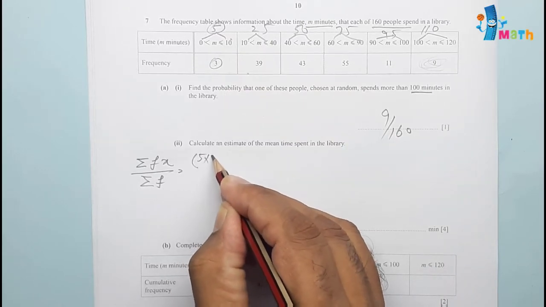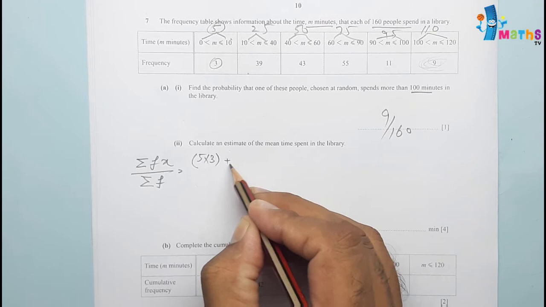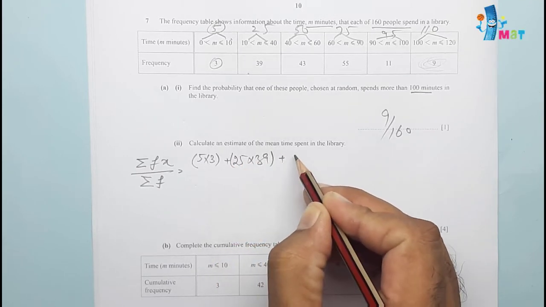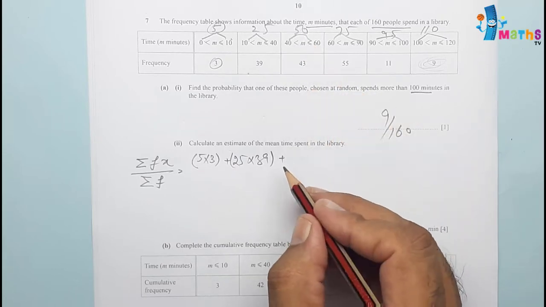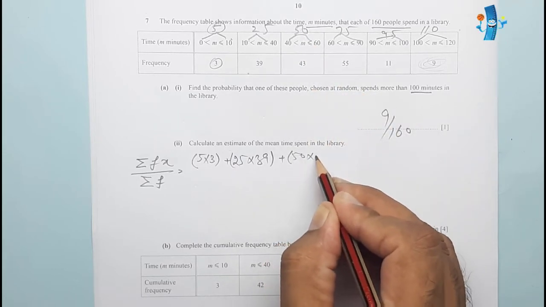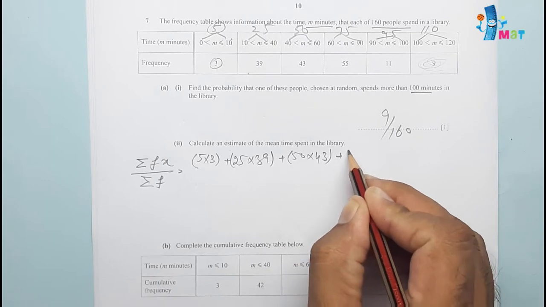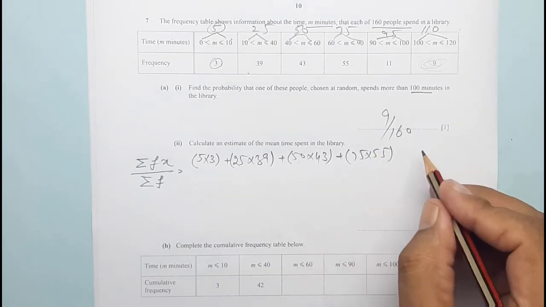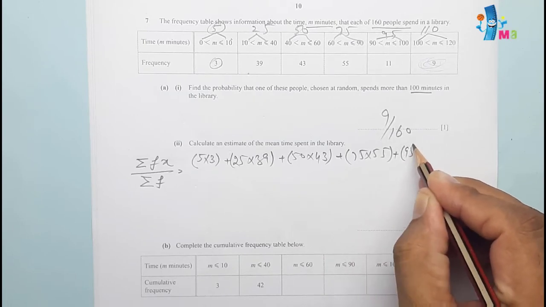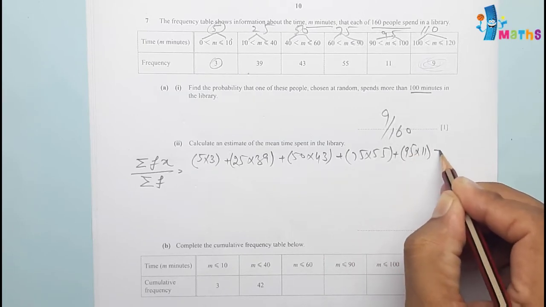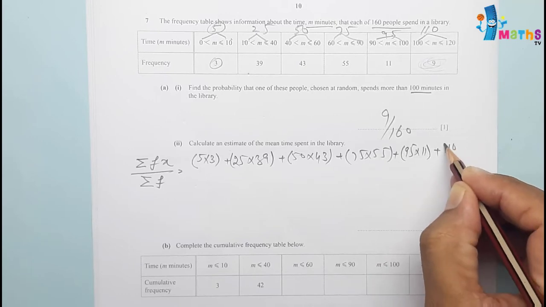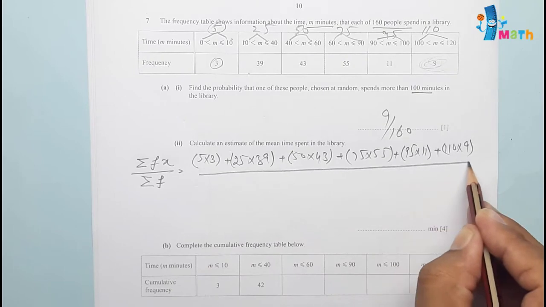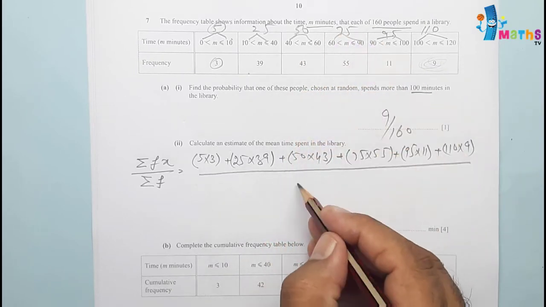So 5 into 3 plus 25 into 39 plus 50 multiplied by 43 plus 75 multiplied by 55 plus 95 multiplied by 11 plus 110 multiplied by 9, and divided by the total number, which is 160.